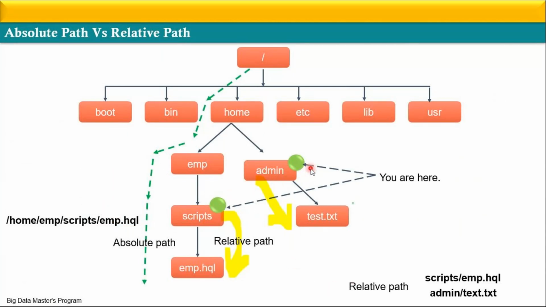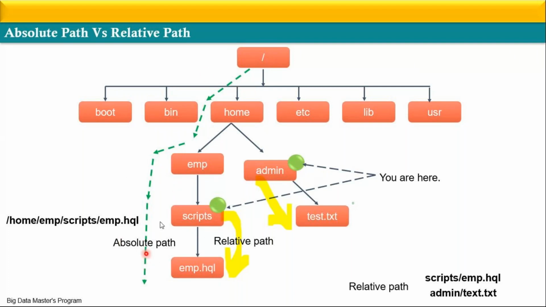Say if I'm sitting over here, then this path, admin and then scripts and emp.hql, is nothing but a relative path. The path starting from the root directory, to home, then emp, then scripts, then emp.hql, is the absolute path.